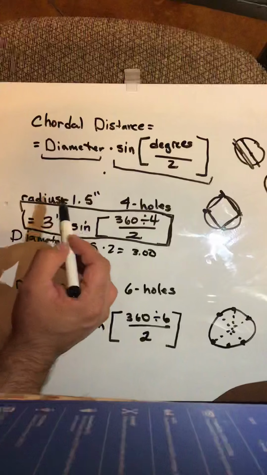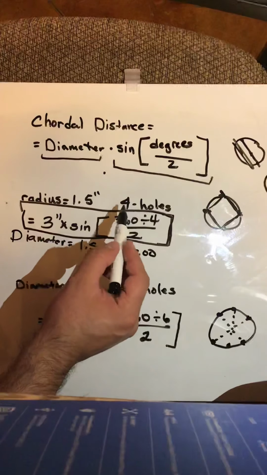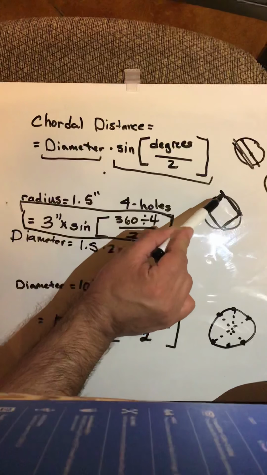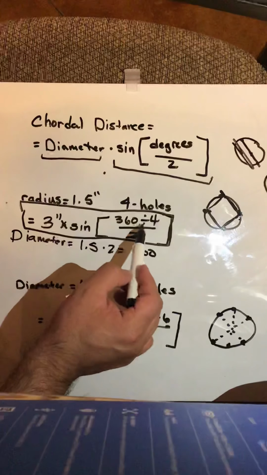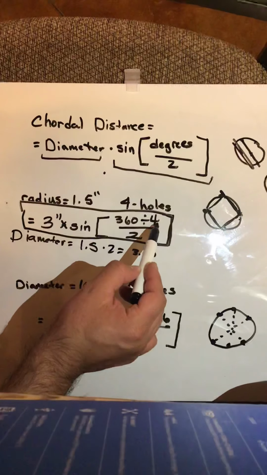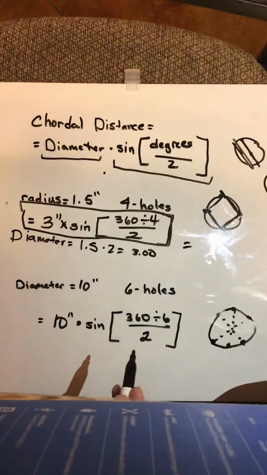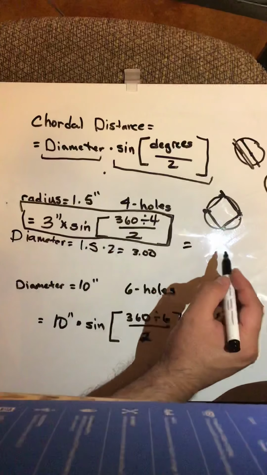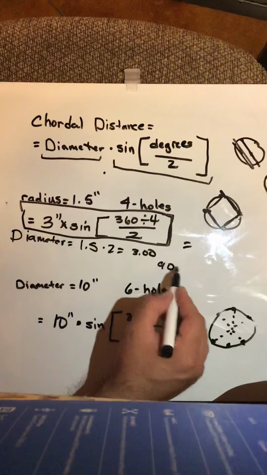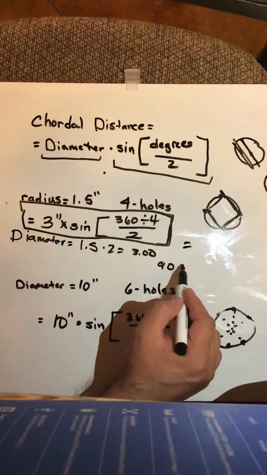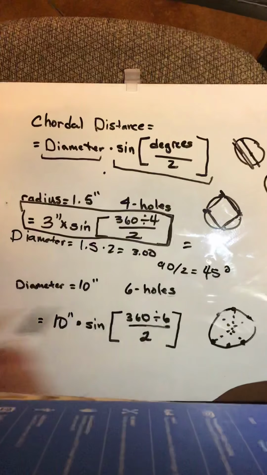For a circle that has a radius of 1.5 inches and has 4 holes, to find the chordal distance, meaning the distance from here to here, I will take 360 divided by 4, which gives me 90. Then 90 divided by 2 gives me 45 degrees.